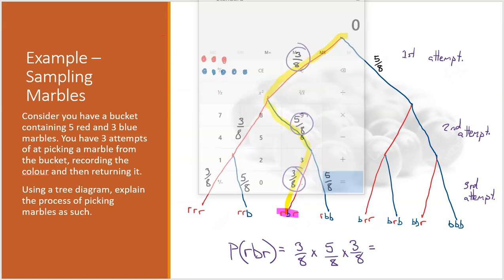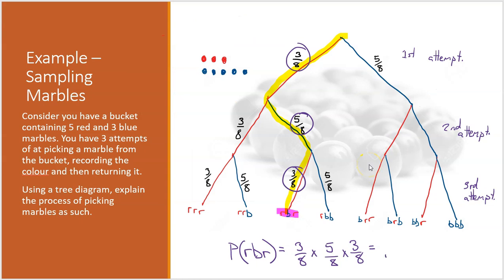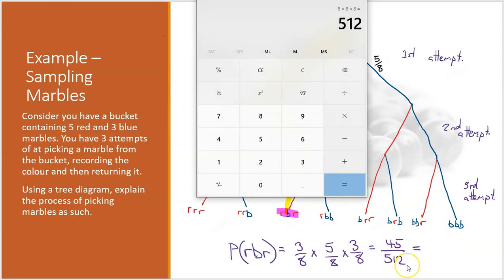Let's have a look. 8 times 8 times 8 is 512, and 3 times 5 times 3, well 3 times 3 is 9, 9 times 5 is 45, so the probability is 45 over 512, and to write that as a percentage, that's going to be 8.78 or 8.79%.